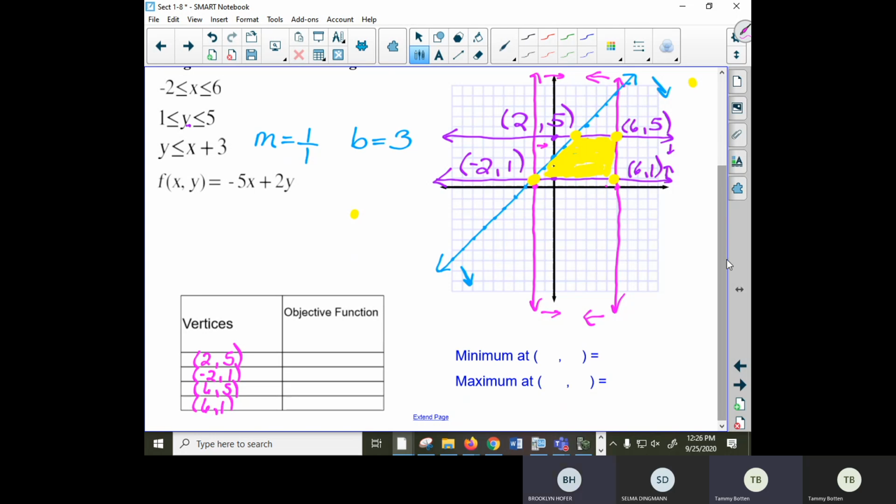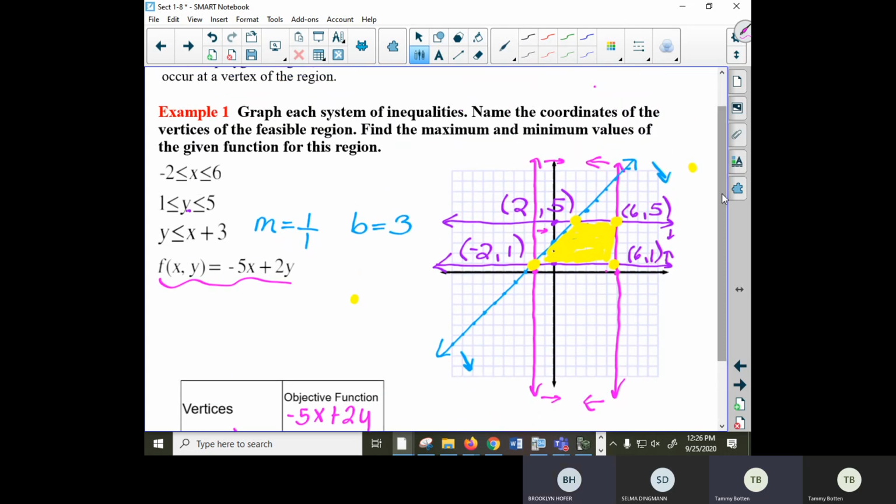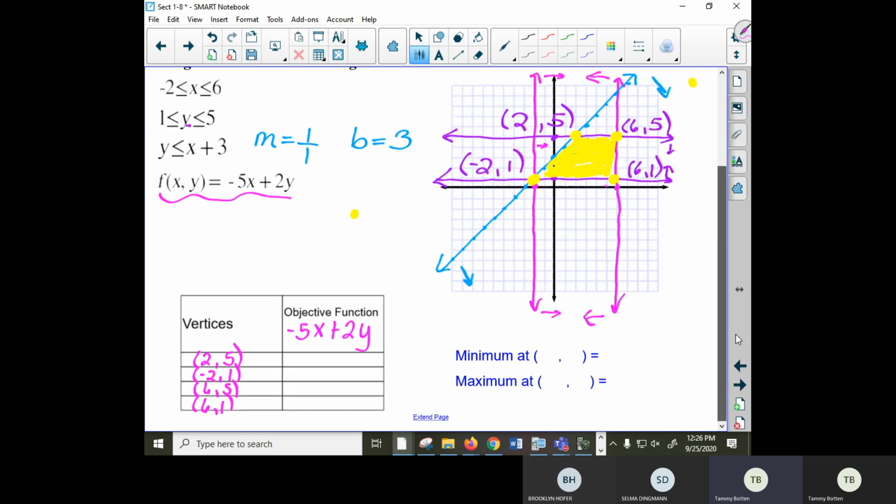Okay, now our objective function is always this, the f of x, y. That is what we're going to evaluate for each of our vertices. And if we look back, what they want is what do we get as our maximum and what do we get as our minimum when we put those numbers in, okay?